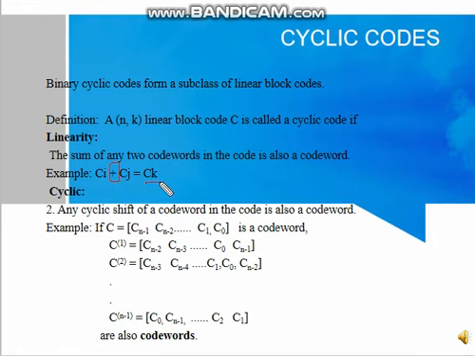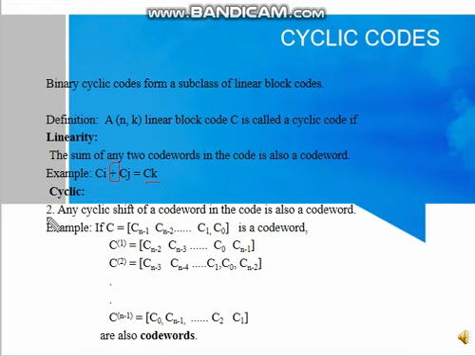You will get Ck, which is also a valid code word. The linearity has its own importance. From the property of linearity, we get the distance, that is the minimum distance value, as well as the information related to the error correcting and detecting capability of the code word.